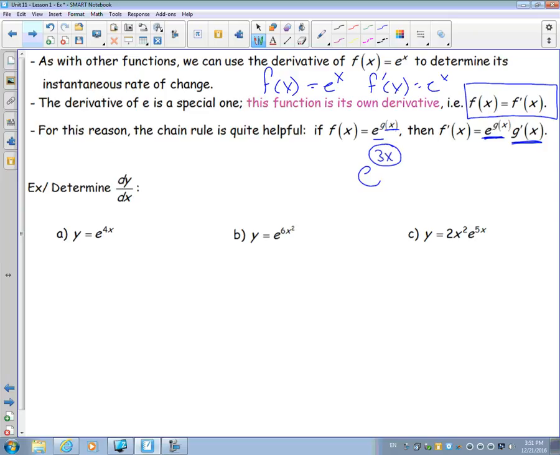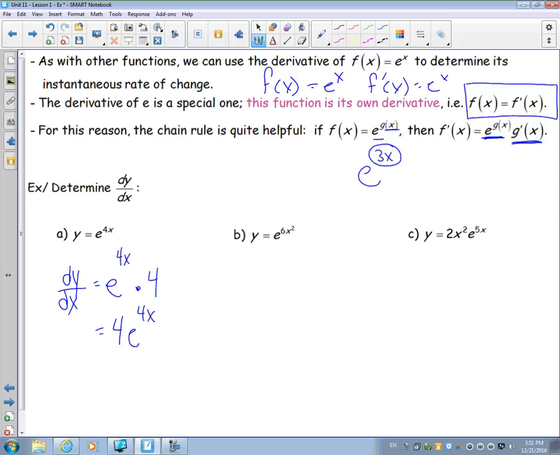So we'll try some. Determine dy/dx. Whenever I have an e, my derivative is itself times the derivative of the exponent. Well, the derivative of 4x is just 4. So the way we usually write this is we put the constant out front.